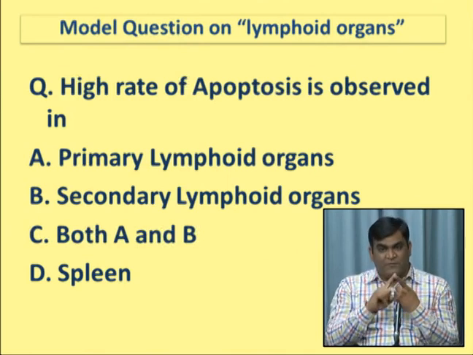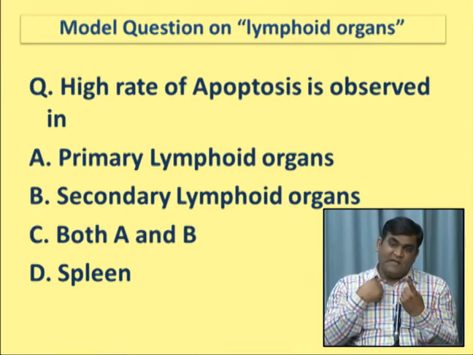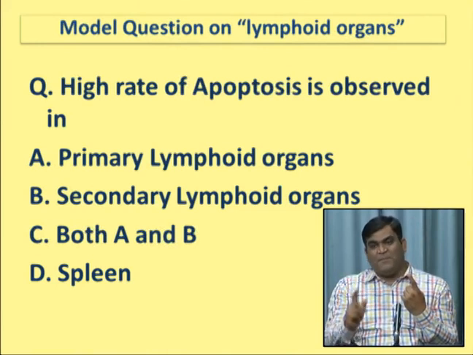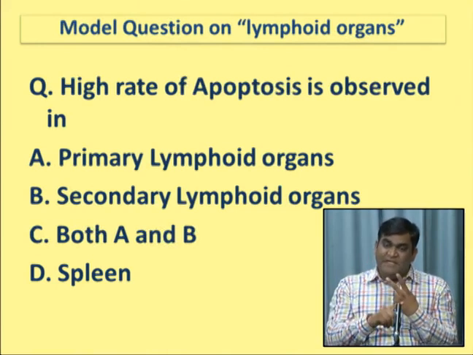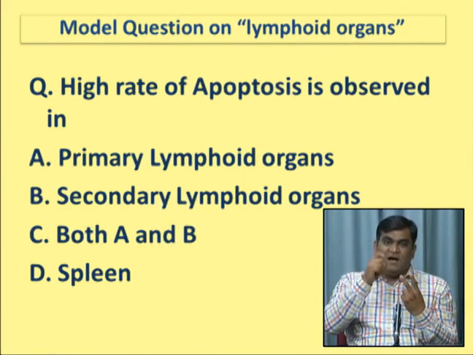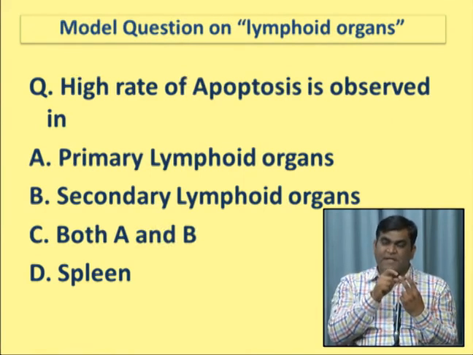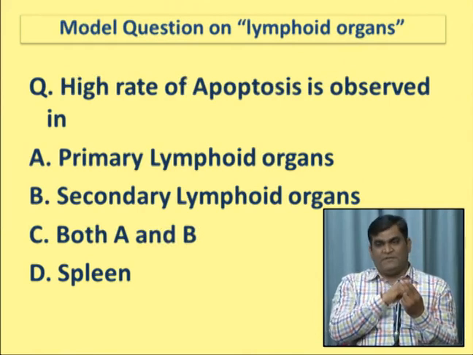If a particular lymphocyte recognizes a self molecule, it will not be allowed to develop further and it will die by apoptosis. If a lymphocyte does not produce a specific receptor that is productive, in that case that cell will also die.